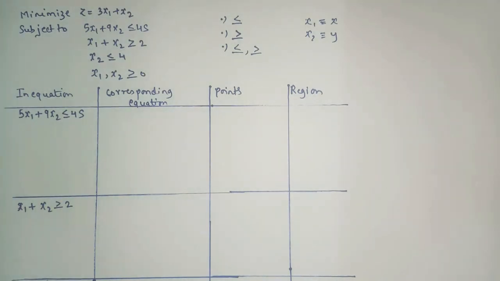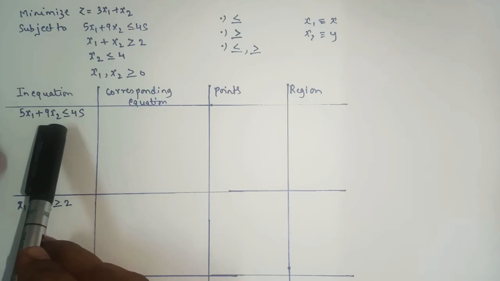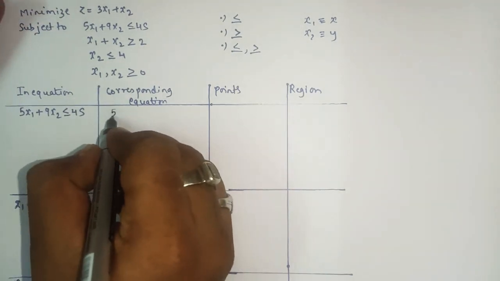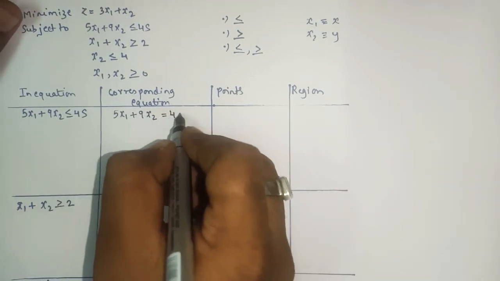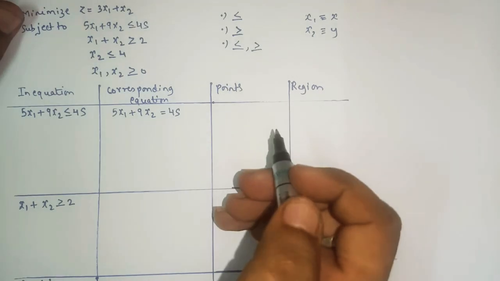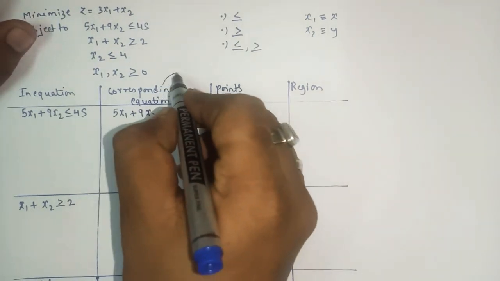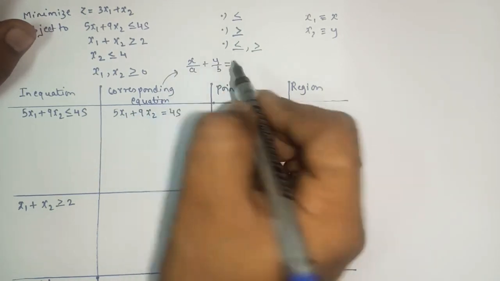So now here we have the first linear inequation. We'll convert the linear inequation into the corresponding equation, so 5x1 plus 9x2 equal to 45. Again there are two methods. The first one is converting into double intercept form.